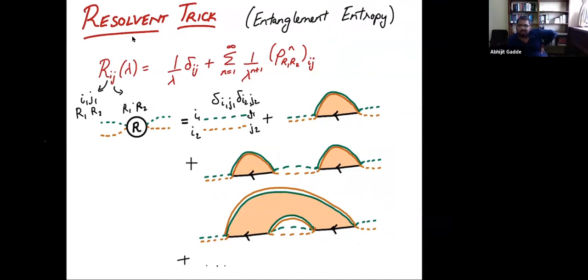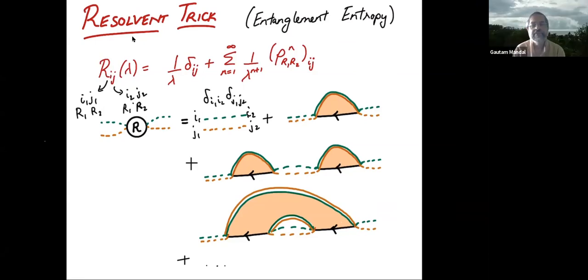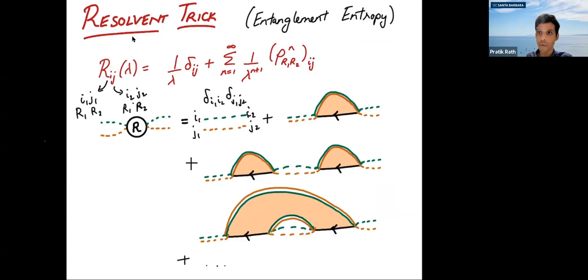No, here he changed notation, Gautam. Sorry, now it should be fine. Are you happy with this? So this would be I1, J1 and I2, J2. This would be delta I1, I2. Sorry for changing notation. Yeah, now I'm happy. Thanks for that. Any other question about this?